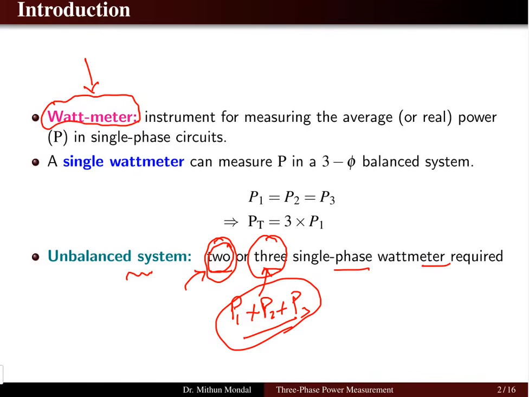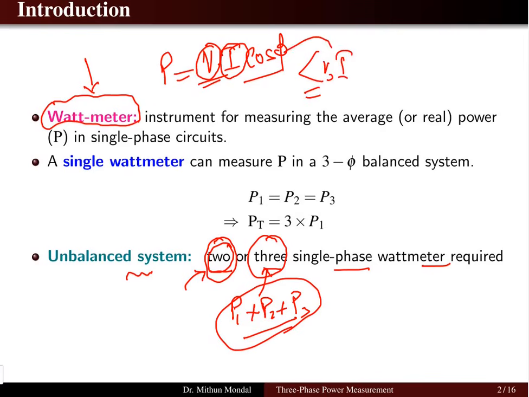Because we know that power for a single phase is the product of voltage into current multiplied with the power factor cos phi. So the voltage has to be sensed, the current has to be sensed, and the angle between the voltage and the current has to be sensed to obtain the power factor. So the wattmeter physical connection using the voltage coil and the current coil has been discussed.